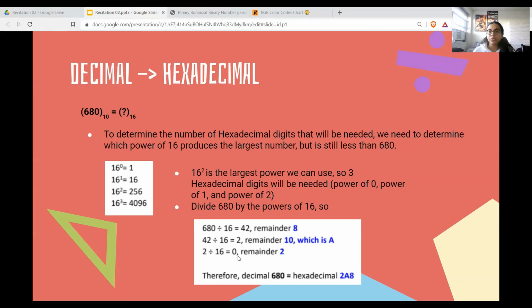In this, first we will determine how many hexadecimal digits will be needed. For that, we will see which power of 16 produces the largest number that is still less than the given number. After we have ascertained how many digits we need, we will start dividing the number, which is 680, by 16 and note down the remainders. Then we will read the remainders from the bottom to the top, but write it from left to right.